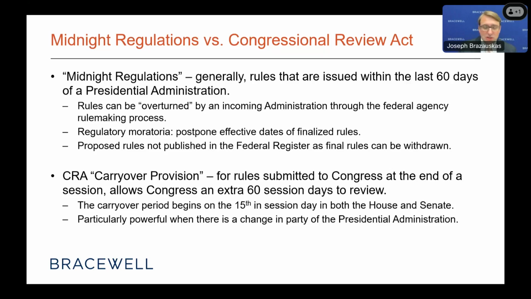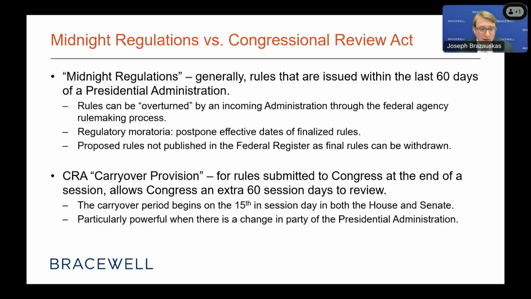Now, as we had discussed previously, the Congressional Review Act carryover provision, this is again for rules that are submitted to Congress at the end of a congressional session. Congress goes out of session without having a full 60-day review period. That clock starts again in the new Congress under a new presidential administration.